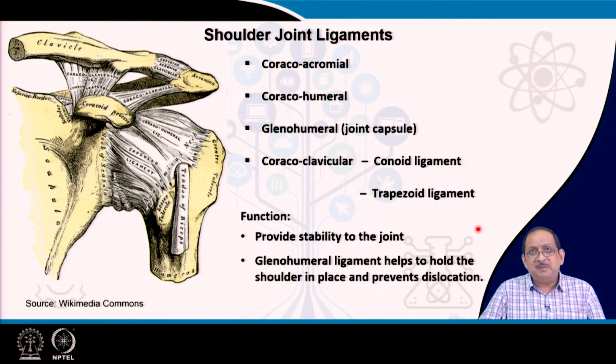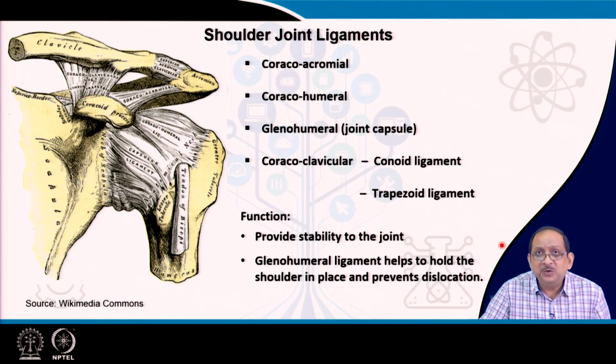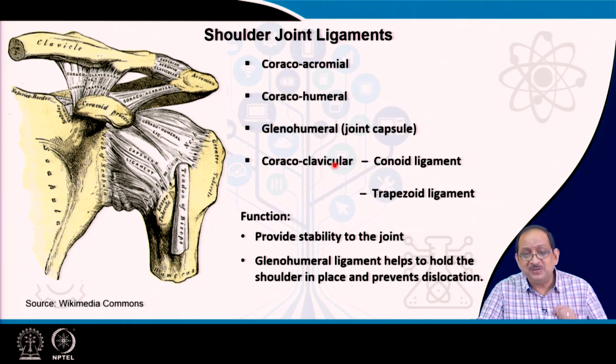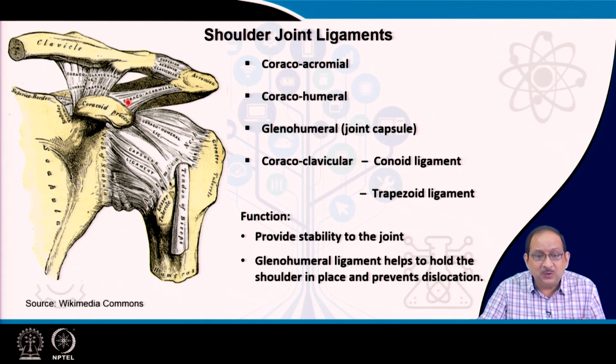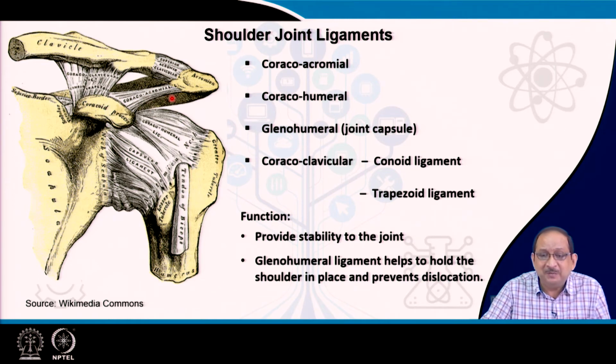The shoulder ligaments can be listed as coracoacromial ligament, the coracohumeral ligament, glenohumeral ligament and the coracoclavicular ligament. Now, as you can see in the figure, the coracoacromial ligament is the ligament that connects the coracoid process with the acromion.